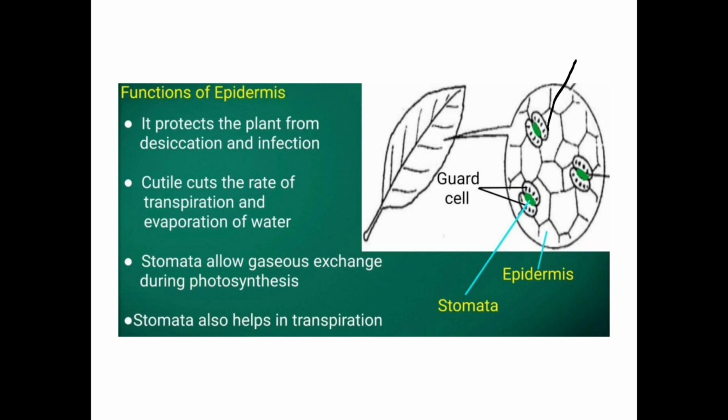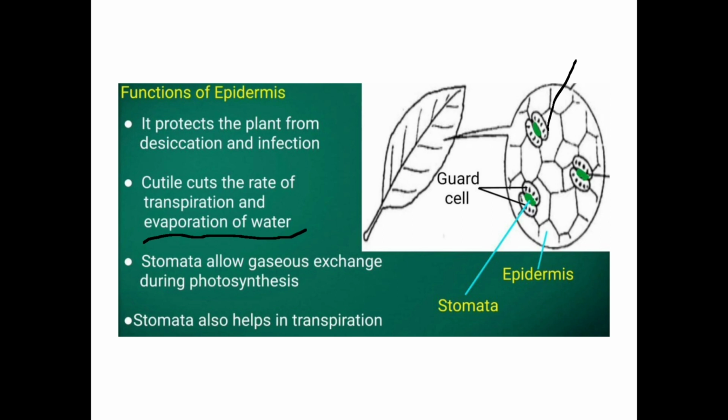In the leaf, the cuticle, a coating present on the epidermis, prevents transpiration and evaporation of water. Stomata allow gaseous exchange during photosynthesis. So the pores present in the leaf, called stomata, allow gaseous exchange during photosynthesis. Then stomata also help in transpiration. So these are the important uses or functions of epidermis.